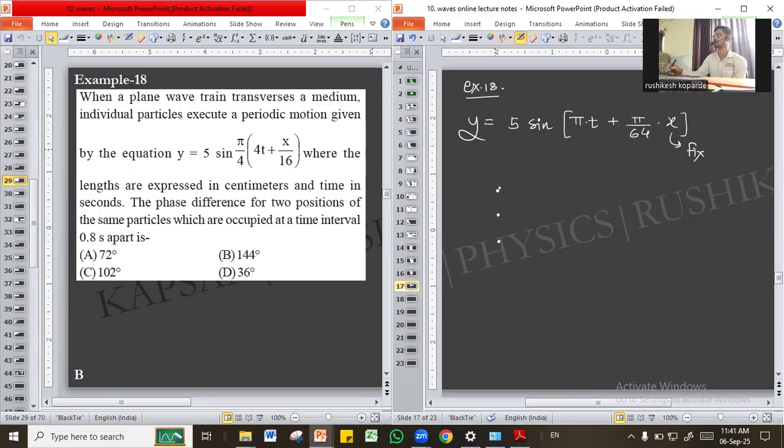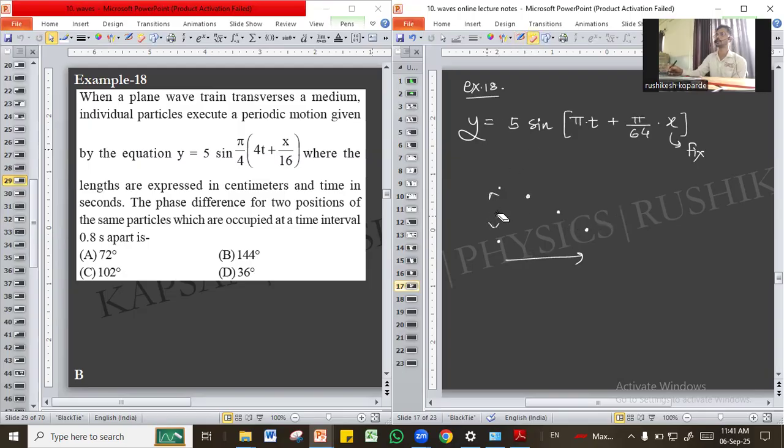If you fix the position, you will see the particle oscillating. And if you fix the time, you will see all the particles at different locations. You will not see anyone oscillating because you have fixed the time. You will see this particle at 0 phase, this at 90, this at 180, or this at 270. So phase changes not only with the position, it also changes with time.